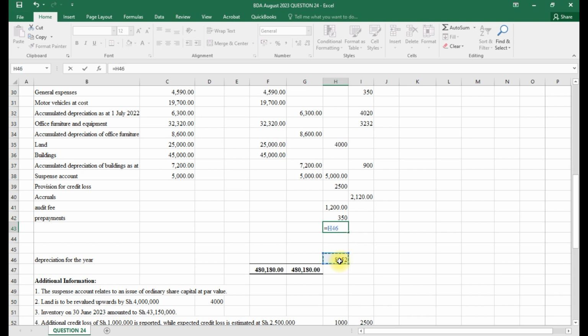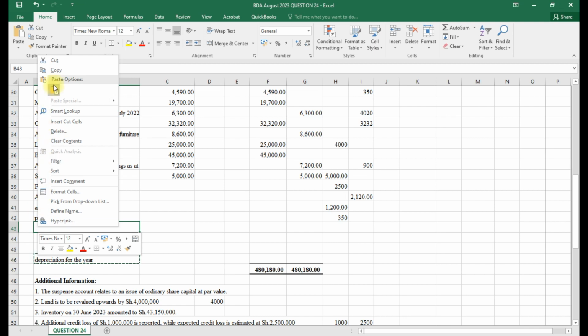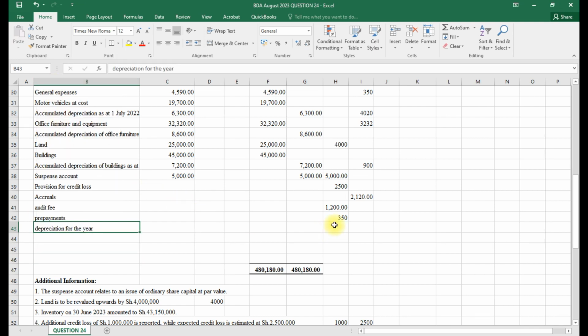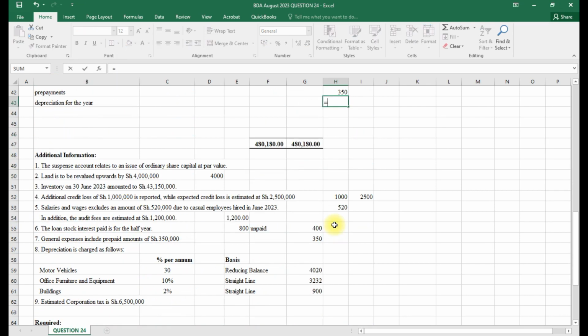Let me just delete this and cut this and paste it here, and I will calculate it here again. The depreciation I said is this. I add this, I add this, the three of them.